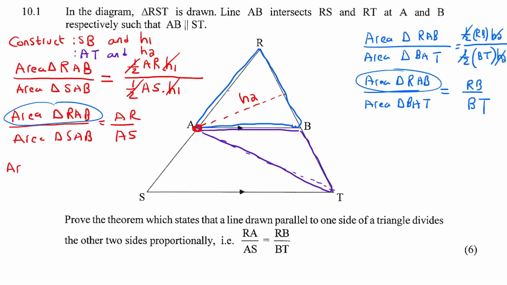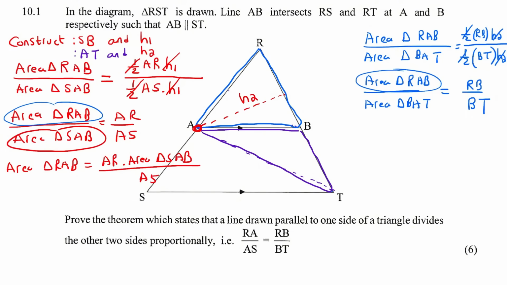So you're going to say area of triangle RAB is going to become equal to AR multiplied by the area of triangle SAB, all over AS. So all I did was I multiplied this up to this side. And then I'm going to do the same over here. So area of triangle RAB equals RB multiplied by area of triangle BAT, all over BT.